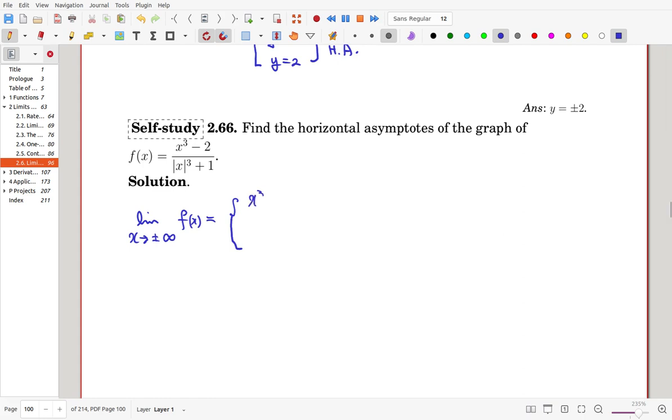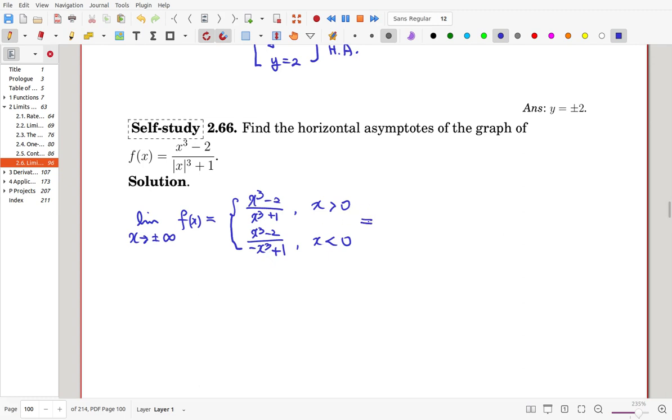Here, there is x cubed minus 2 over, okay, we eliminate the absolute sign, x cubed plus 1 when x is positive. Now, when x is negative, that is x cubed minus 2 divided by minus x cubed plus 1 when x is negative. So for the right side we are using that one, and for the left-hand side we are using that one.